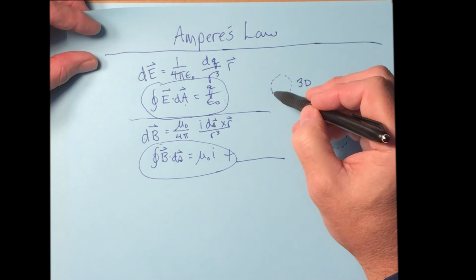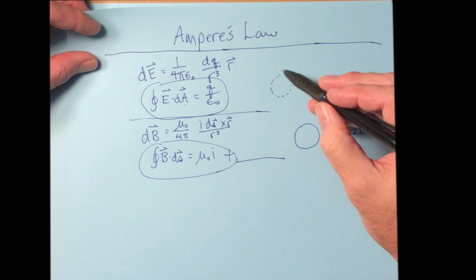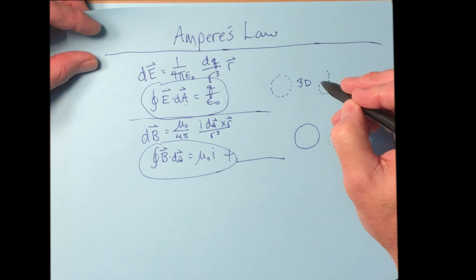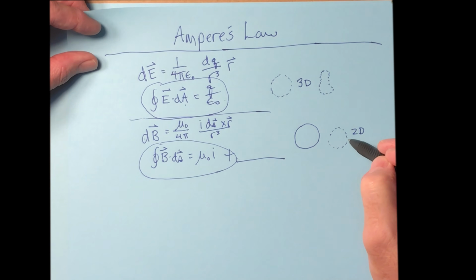Now, just like up here, the Gaussian surface did not have to be a nice smooth circle. It could be literally any shape whatsoever as long as it's three-dimensional. The same down here. The loop in general can be any shape whatsoever, but it's really only going to be useful to us if we can figure out what its circumference is.